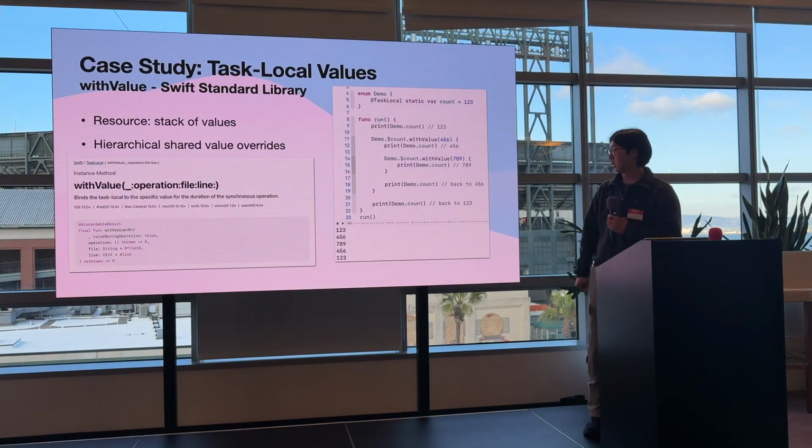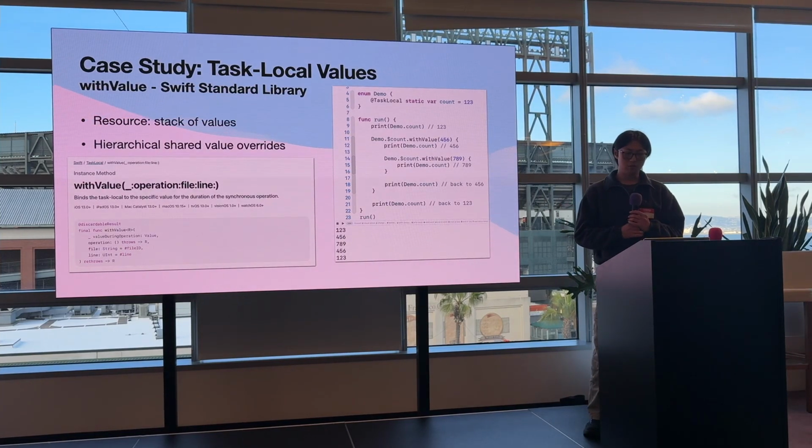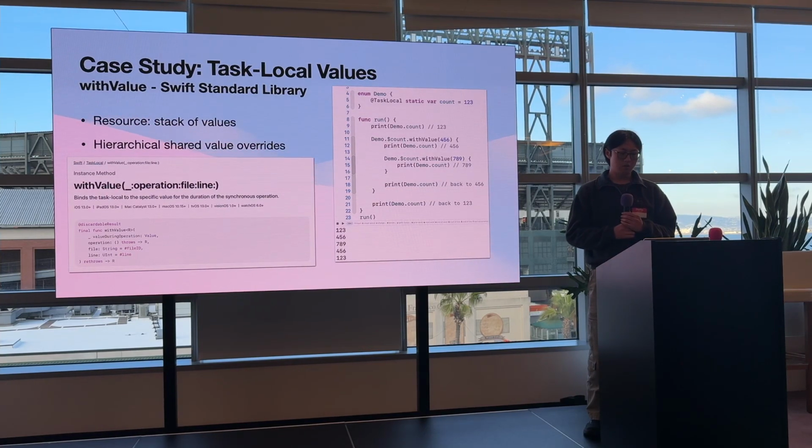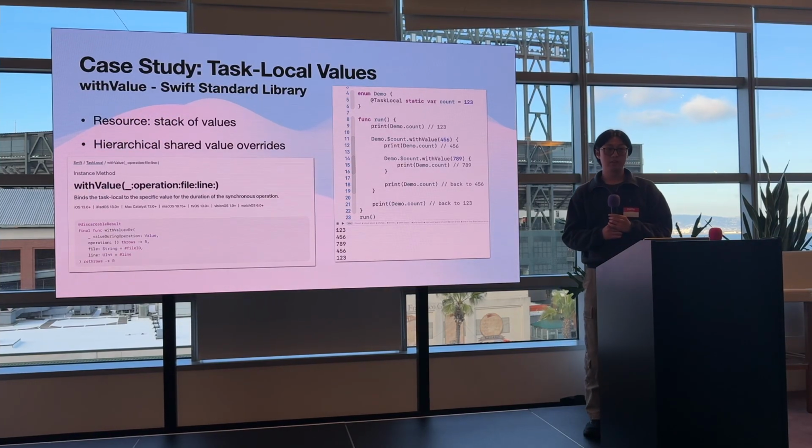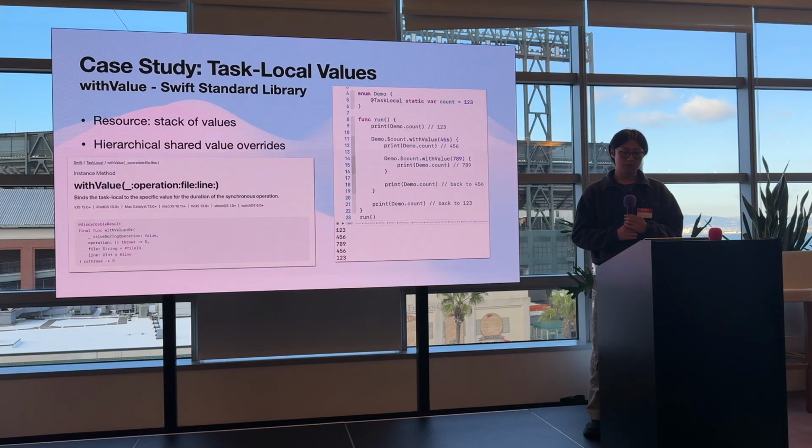So here's a demo. Hopefully you can see it. Let's say you have a task local value count with the initial value of 123. On line 9 here, if you just print the value out, you'll get 123. And then if you override its value using this withValue function to 456, you'll get a new value 456, but only within the scope of this closure.